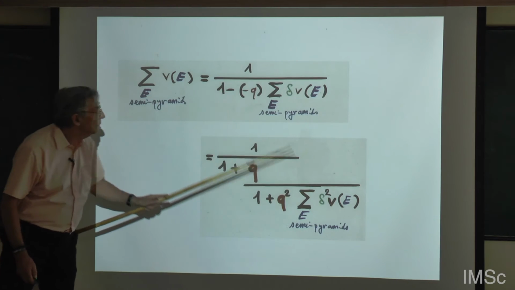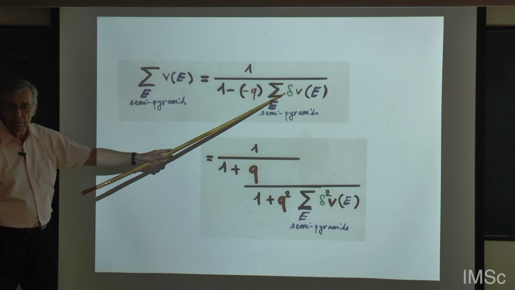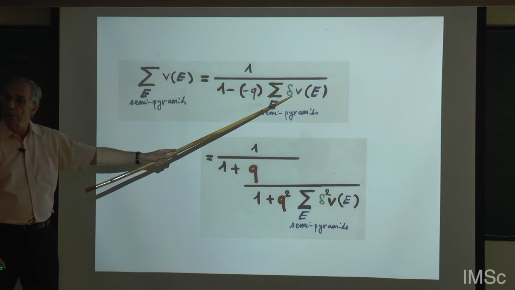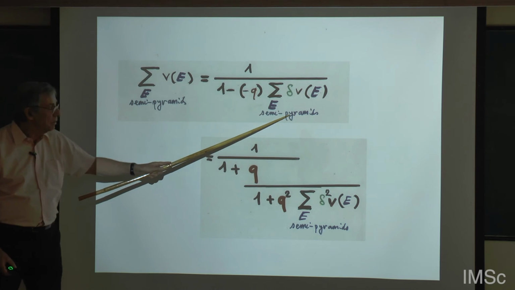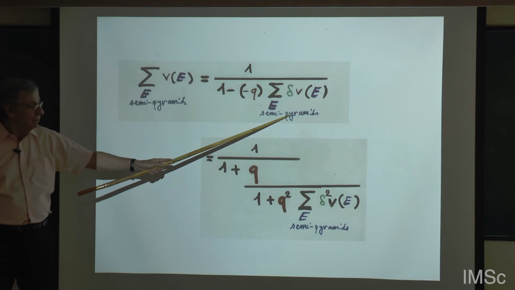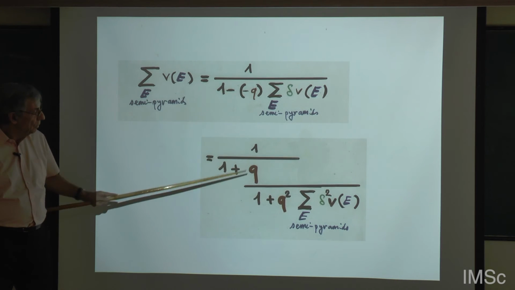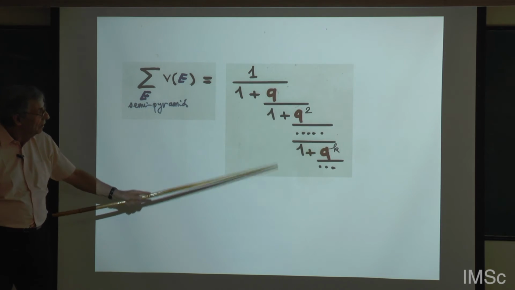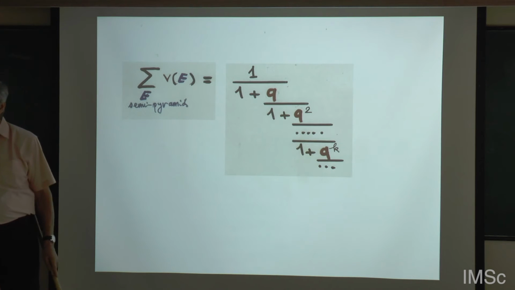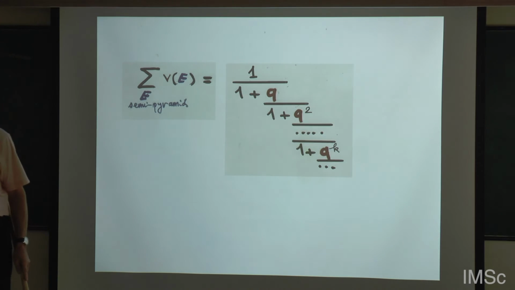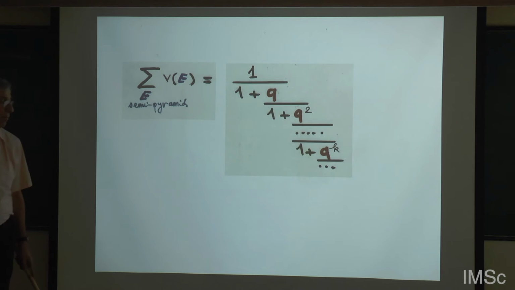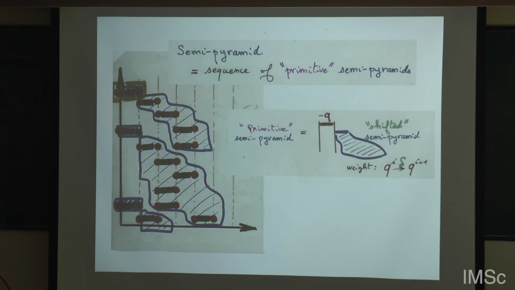The weight is shifted, delta means you replace everywhere q power i by q power i plus 1, and again you get the same summation with semi-pyramids. So you can repeat it. And there is minus q, so there is a plus q. I repeat it infinitely, and I get the continued fraction.